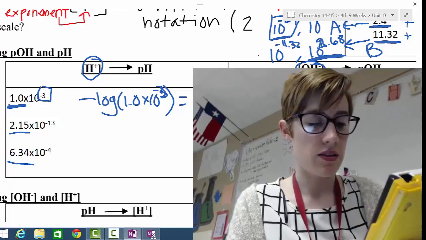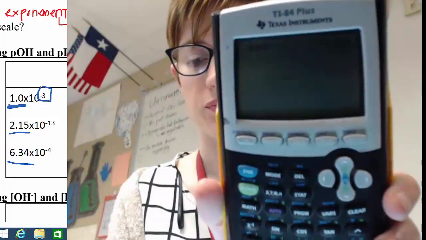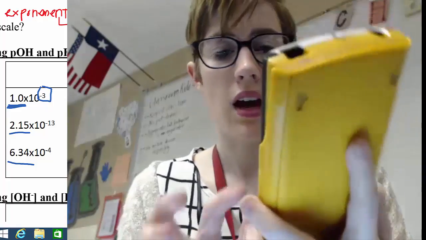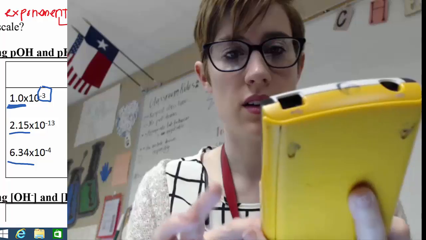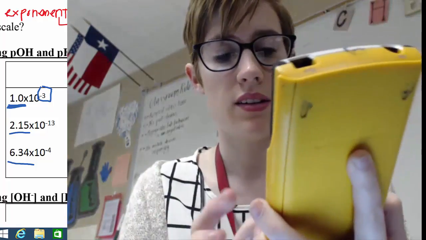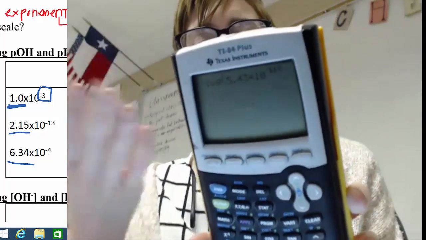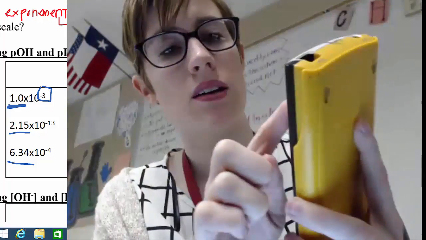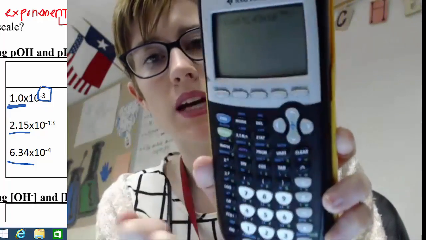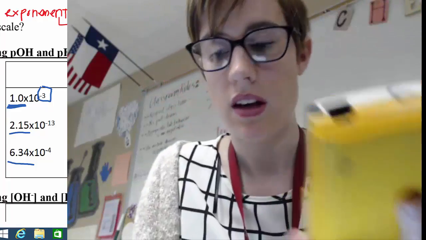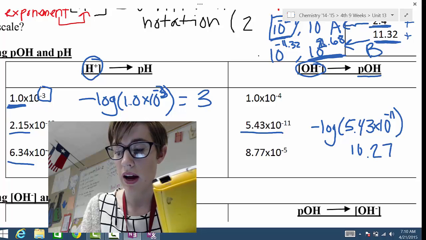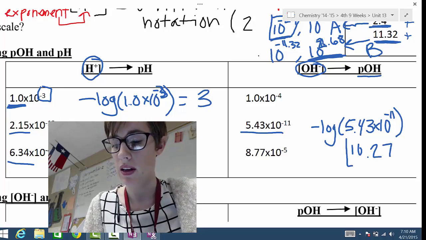So I'm going to do negative log, like this, and then I put 5.43, okay, and then you do times 10, press your exponent button, and then you can do negative 11. You see how I'm all the way up in my parentheses? To get back down, you just press the side arrow, and then you come down and close your parentheses. And so my answer is 10.27. Make sure you round to your hundredths place, and that's my pOH.